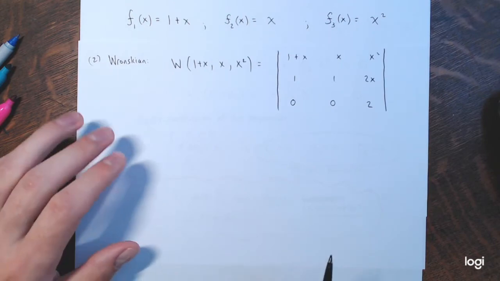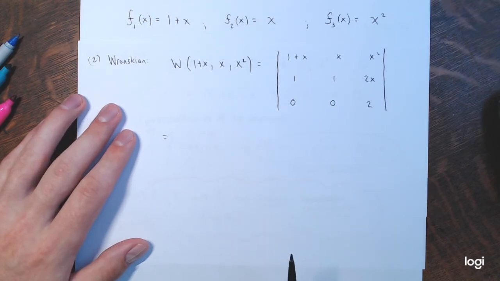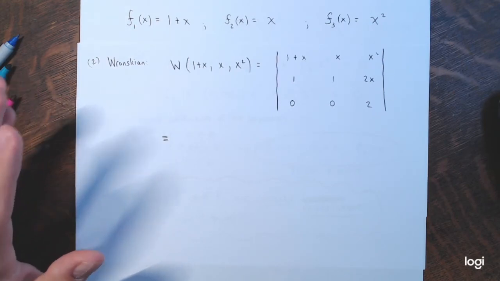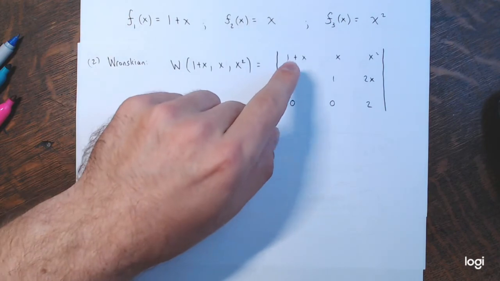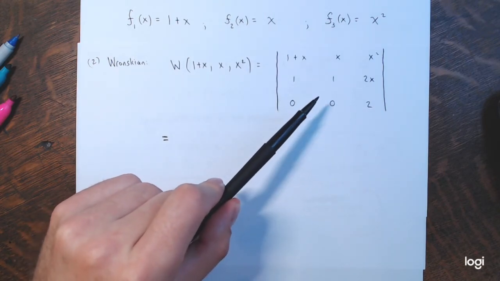And then I'm just going to do now, again, you can replace x with, now here's the problem here. Since I already know that these are independent functions, replacing x with a single value, you're going to get a non-zero determinant. Well, that just tells me that it works for that one value. To show that functions are independent on an interval, this determinant has to be non-zero for every single value in the interval.